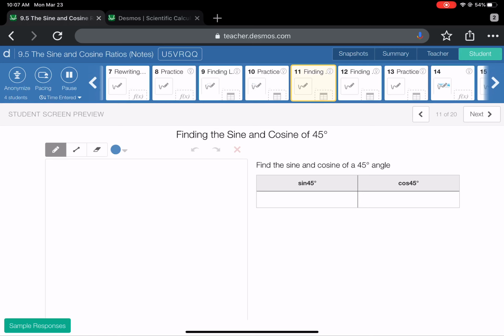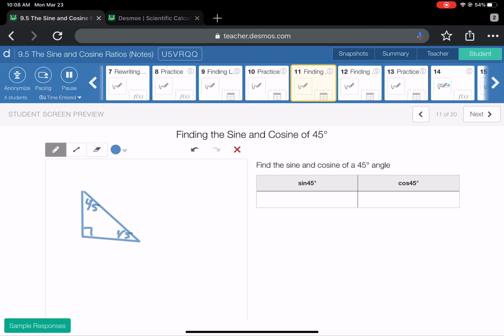All right, so here we're going to be using a special triangle. Because we have a 45-degree angle, we're going to do the same method that we did in the previous lesson. So I'm going to create a right triangle that hopefully resembles a 45-45 triangle. So let's say this is a right triangle. This is 45 degrees. This is 45 degrees.